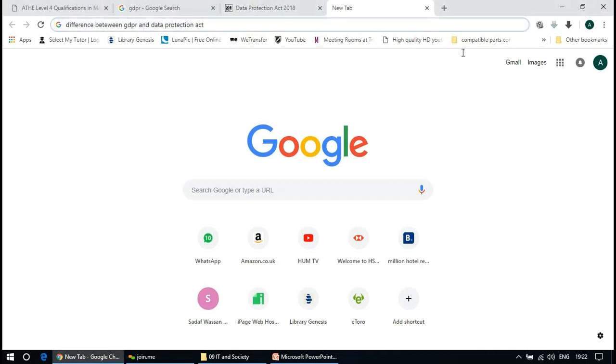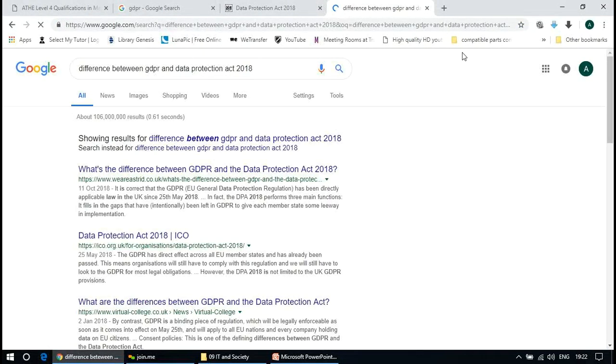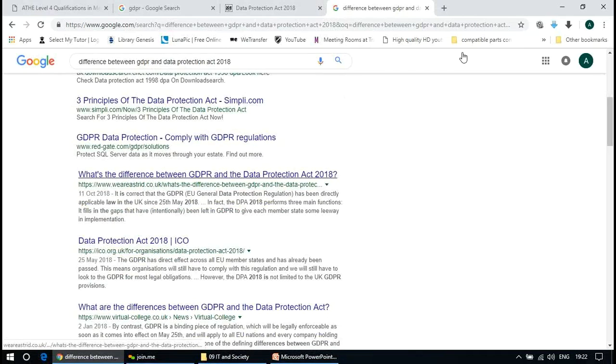Let us see if there is any difference. There are probably small changes between them, aren't there? What is the difference between the GDPR and the Act?